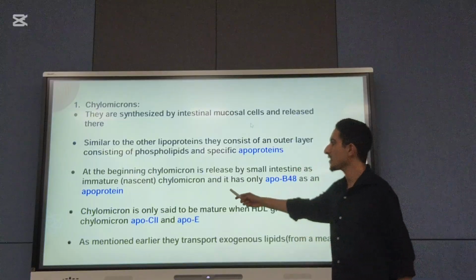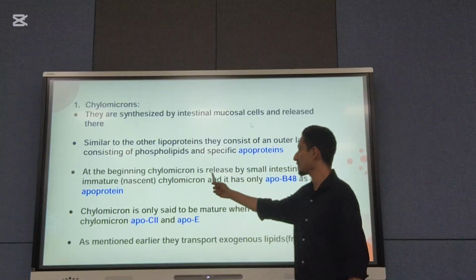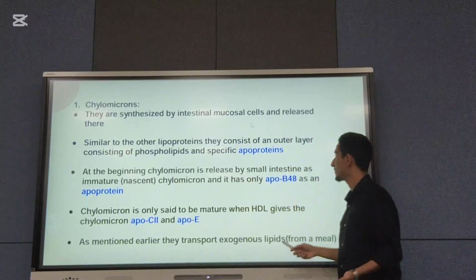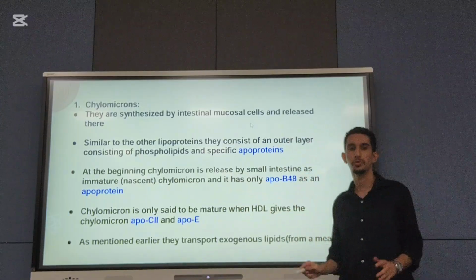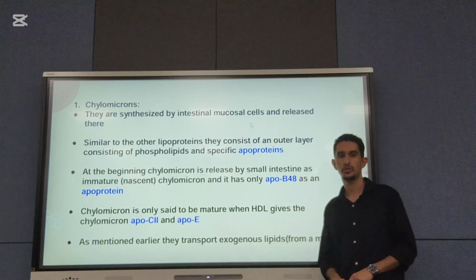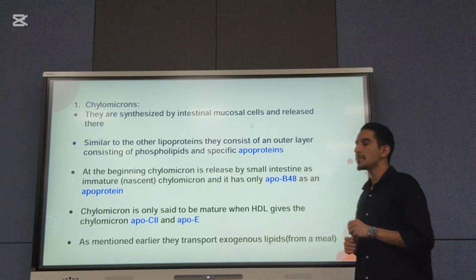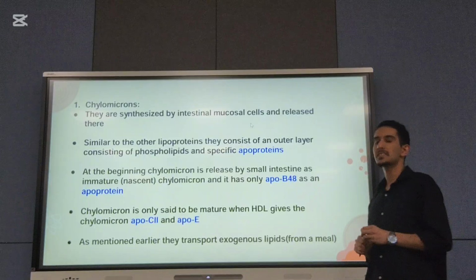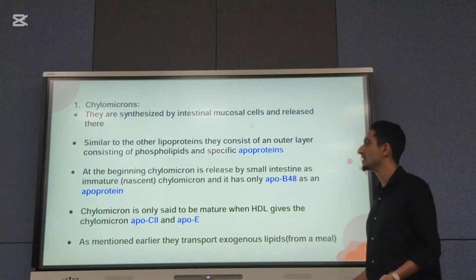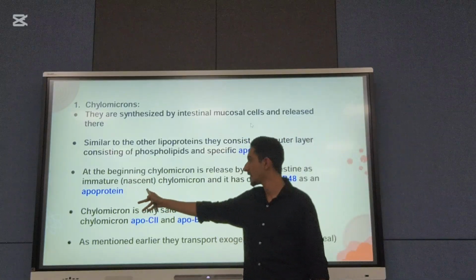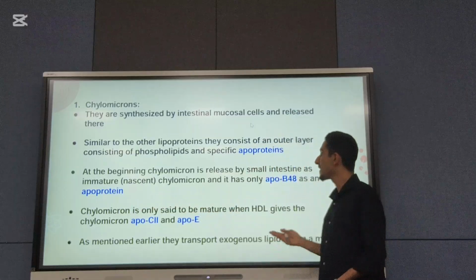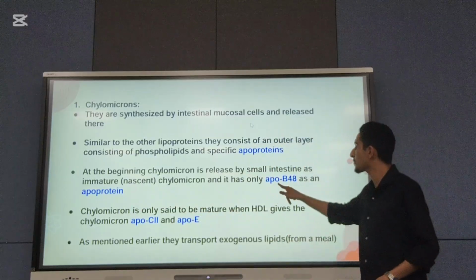We said at the beginning, chylomicron is released by the small intestine. We mentioned that as immature. What do I mean by immature? Immature means it does not have a function till now. We call it nascent chylomicron, and it has only apoprotein B48.